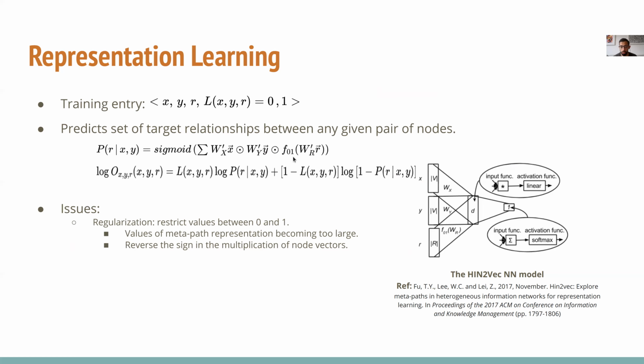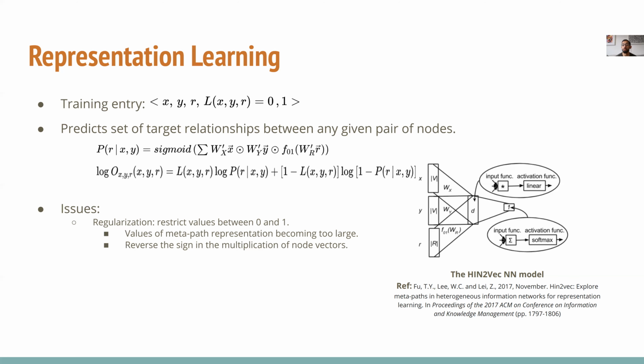And this is a regularization. This f is a sigmoid function, which will squash the value of whatever comes from this multiplication to be between 0 and 1. The authors did that because they believe the embedding values of the metapaths shouldn't be very large compared to the embeddings of X and Y, the nodes. So they squash it into a small range.